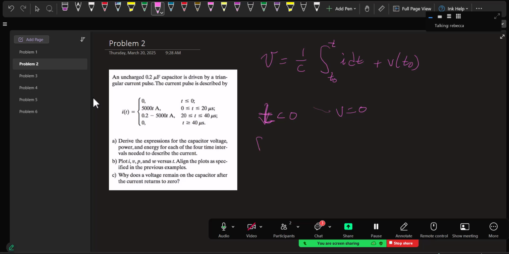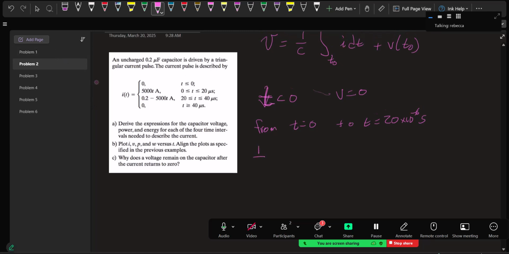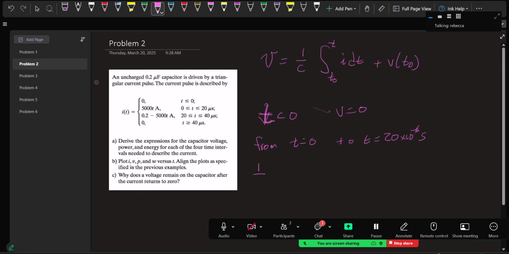Now let's look at t equals 0 to t equals 20 times 10 to the negative 6 seconds. That would be 1 over the capacitance, which is 0.2 microfarads, and 1 over 0.2 microfarads is 5 times 10 to the 6.